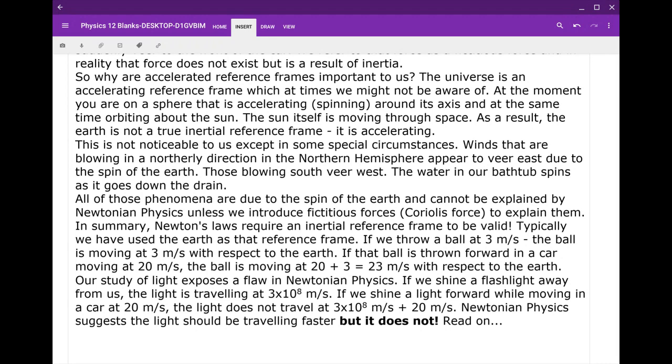Let's do that with light. And now all of a sudden, enter light. As it turns out, light does not behave this way. So this appears to be a violation of Newton's laws.